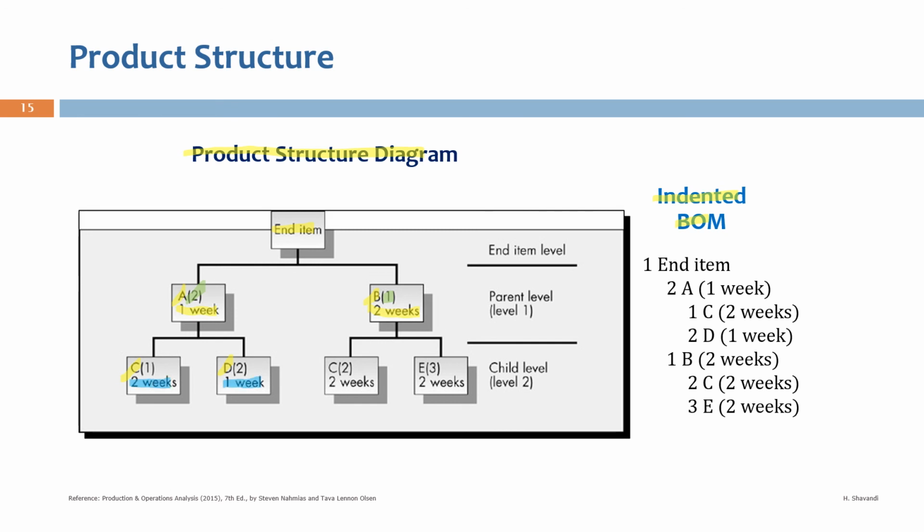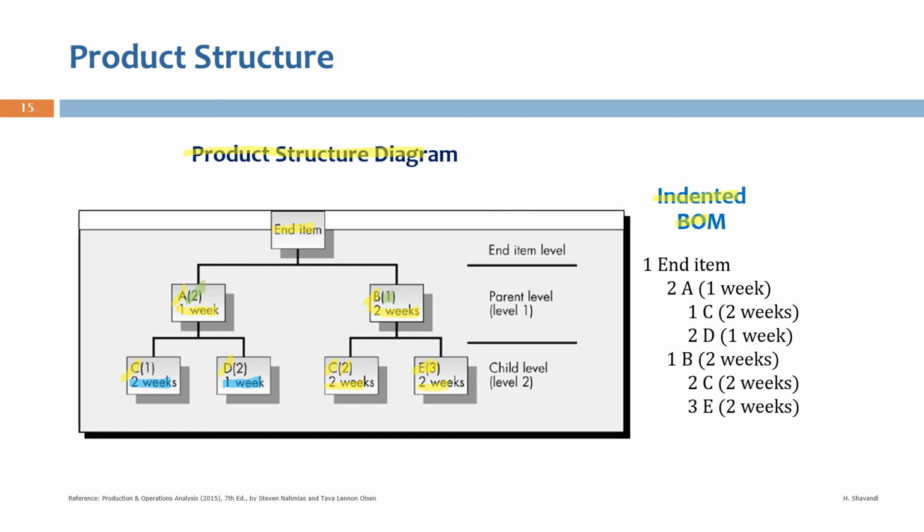Okay, and for B, as you see, we will use C as well. So C is common in A and B. We will need 2 units of C and 3 units of E in order to assemble the sub-assembly B. Okay, and also we have the lead times here.